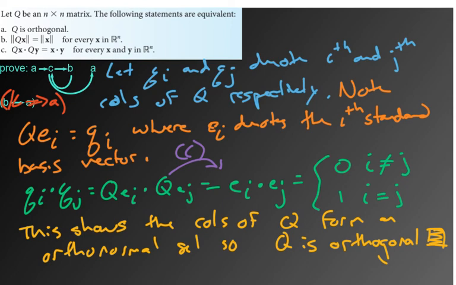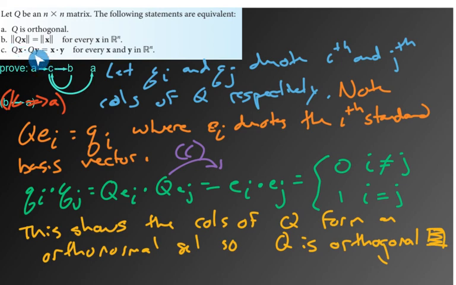So I think all of these proofs are pretty enlightening and pretty good. They show good proof techniques and whatnot. But I don't want you to get lost in what everything is saying. If you just look at them at face value, this says for orthogonal matrices, the magnitude of Q applied to a vector is the same as the magnitude of the vector. It did not make it bigger or smaller.